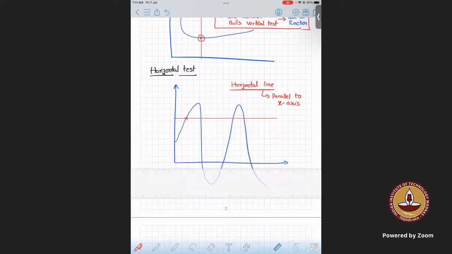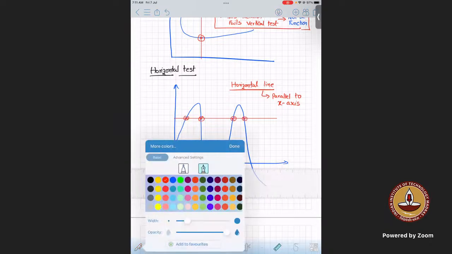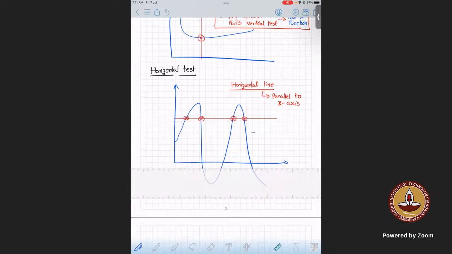Look here, it touches at 4 points. So this function, if it fails the horizontal test, what is that? It is not 1-1. It's many-one.